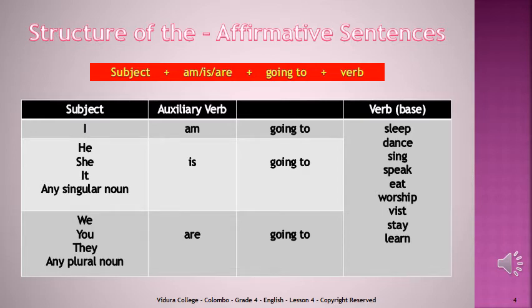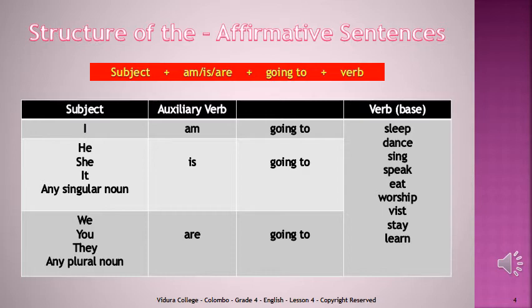If the subject is I, auxiliary verb should be am. If the subject is a singular noun, then the auxiliary verb should be is. If the subject is a plural noun, then the auxiliary verb should be are.